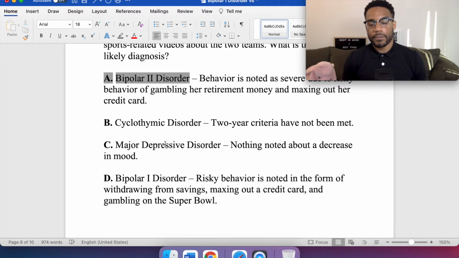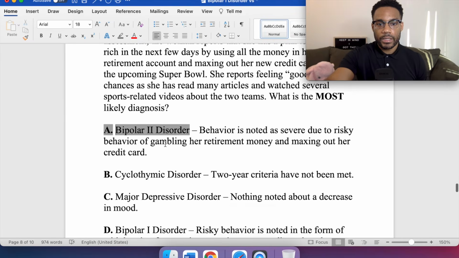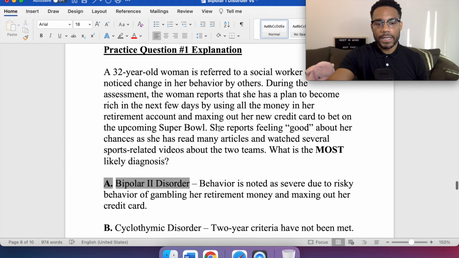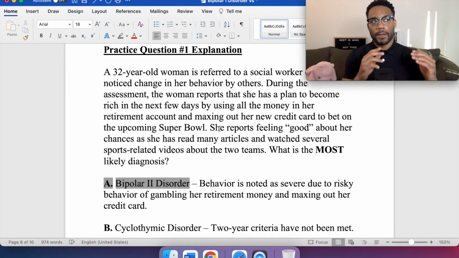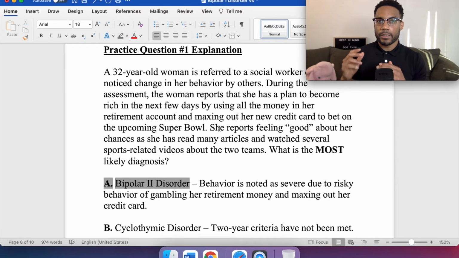Looking at B, cyclothymic disorder, the 2-year criteria have not been met. So there's nothing here stating it's been 2 years, and also the severity. Because remember when we went over cyclothymic disorder earlier, it's less severe, both on the manic side and the depressive side.